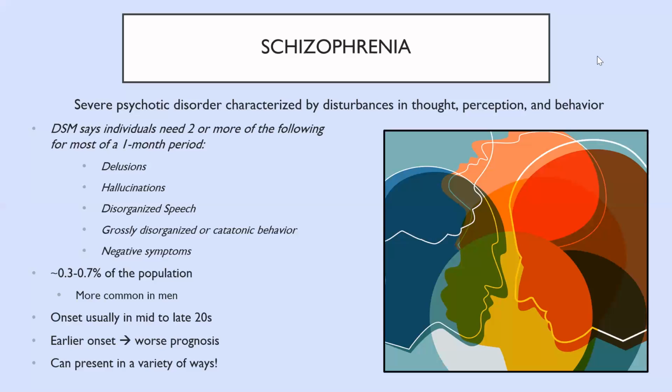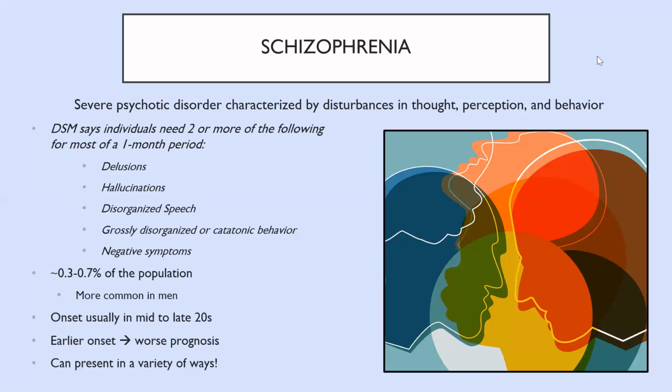So auditory hallucinations are the most common, but you can also have hallucinations of your other senses. You can have tactile hallucinations, like a feeling of something crawling on you or touching your skin. And you can also actually have hallucinations of smell and taste, but those are much, much more rare.